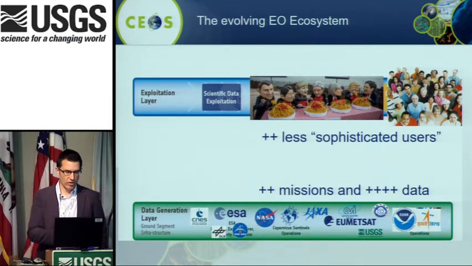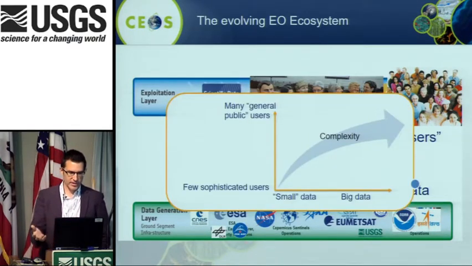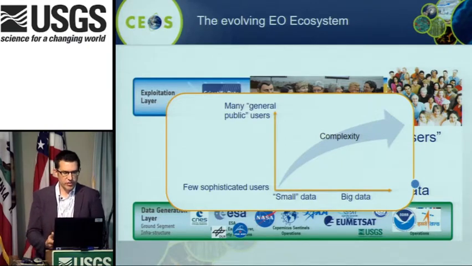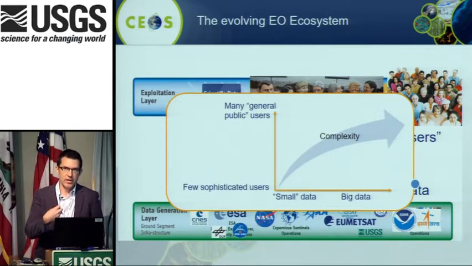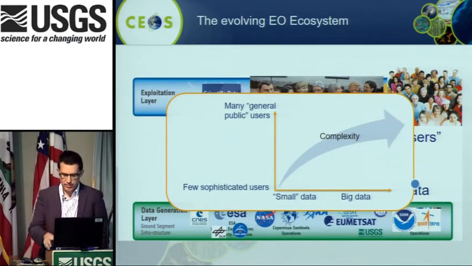And we also have, on the data generation side, a lot more missions, and those missions are generating a huge amount more data. So we have a situation where we're moving from small data with very few sophisticated users to a very large amount of data and many more users and many less informed users, I wouldn't say less educated users, but less specialized users.